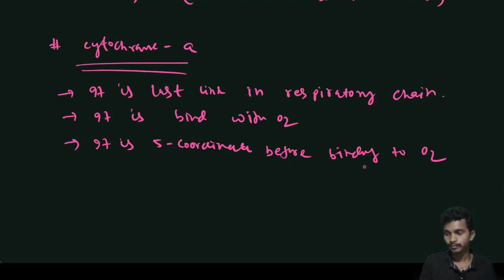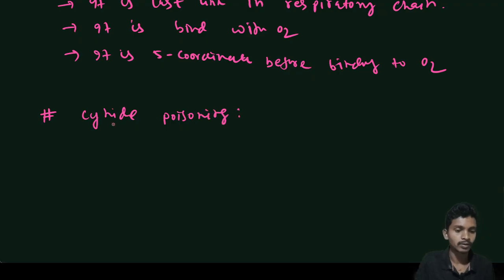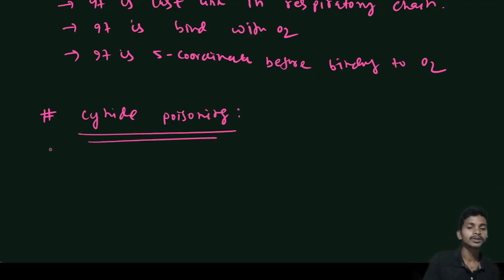Here we will also discuss cyanide poisoning, another important concept. So what is cyanide poisoning? Cytochrome A binds with O2.